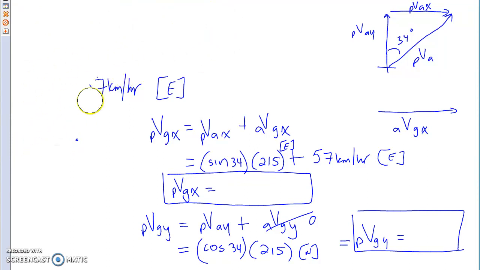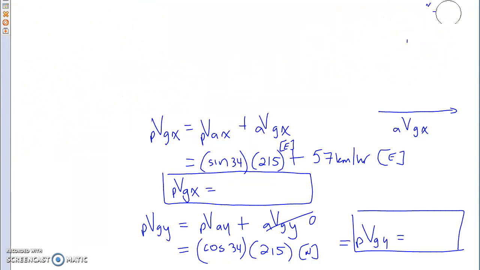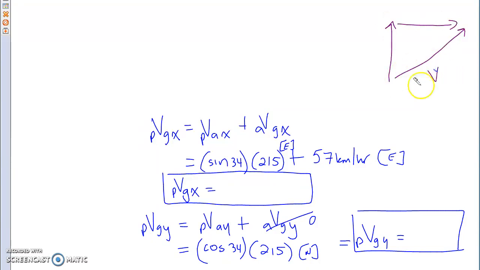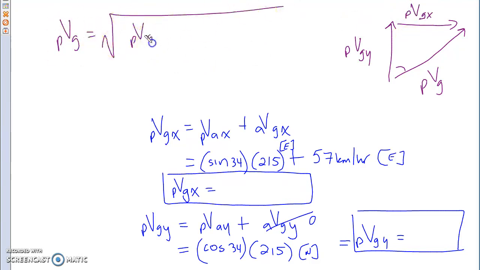Again, we'll draw this vector out, and you'll end up with something that is north and east, and a VPG vector that is going this way. This is going to be your VPGY. This is going to be your VPGX. Then we'll solve for VPG, which is the square root of VPGX squared plus VPGY squared.